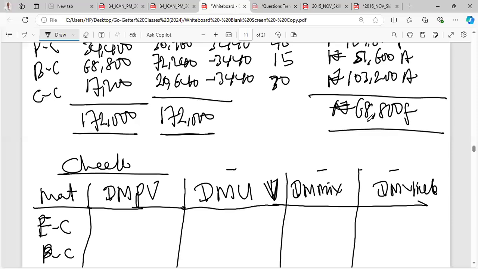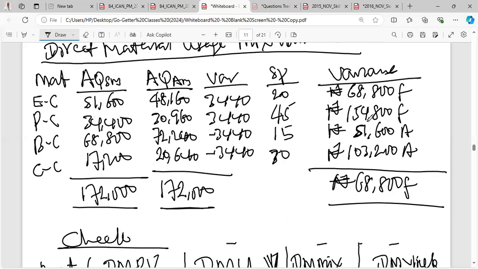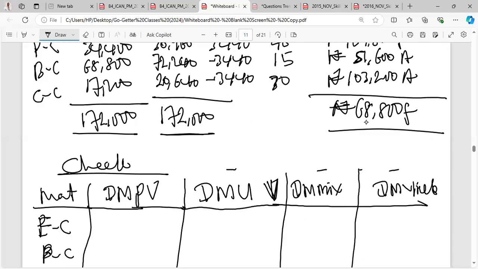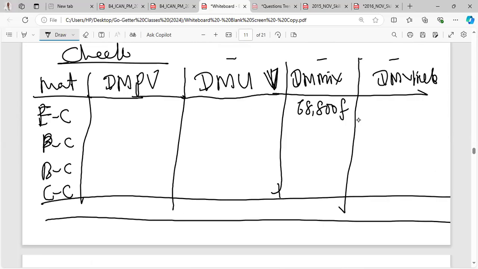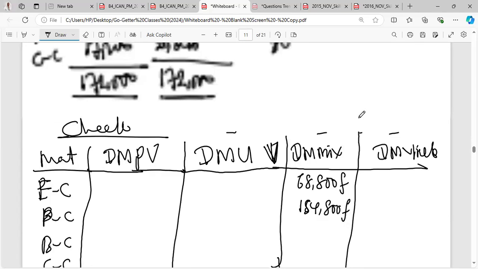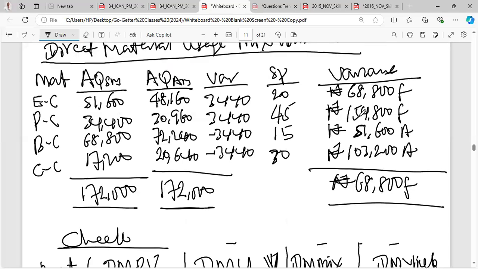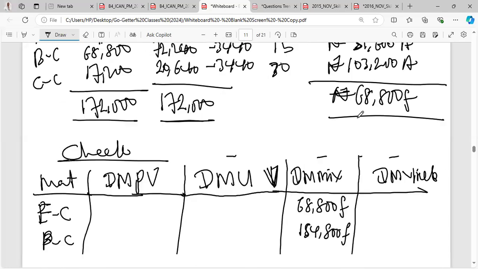This is the mix variance, 68,800 favorable. This is 154,800 favorable.